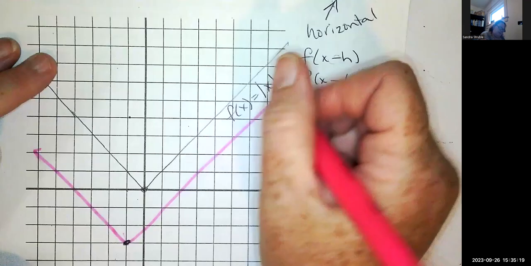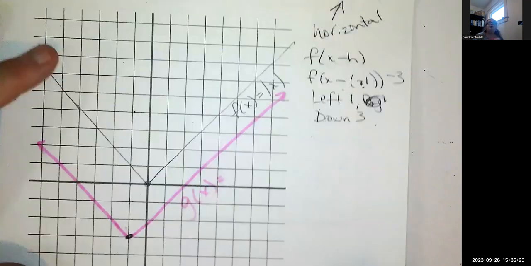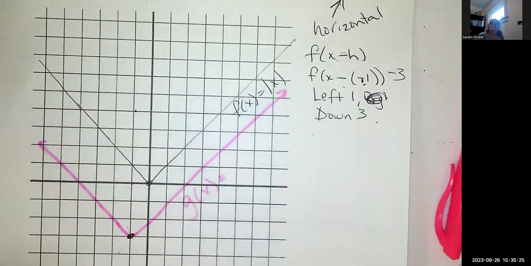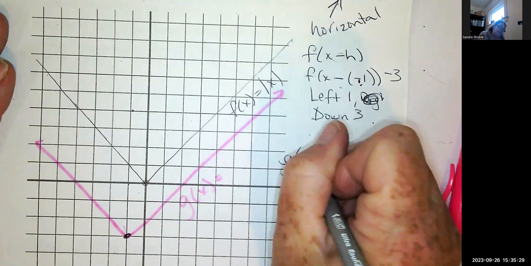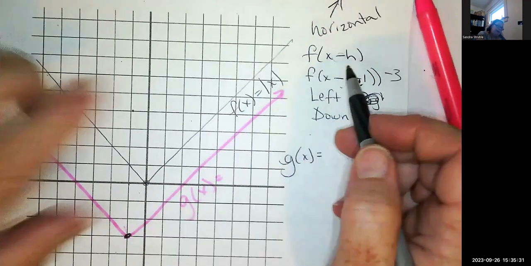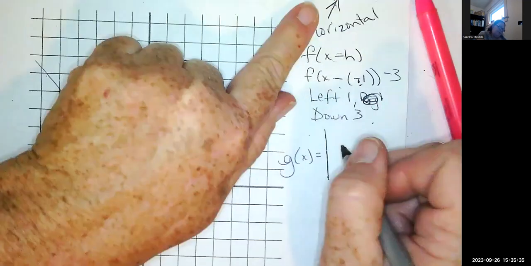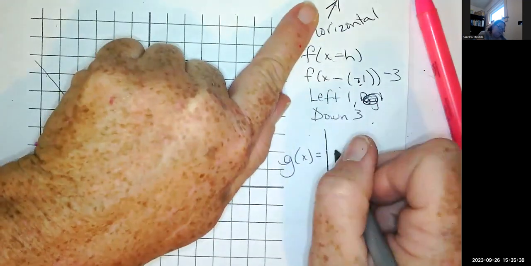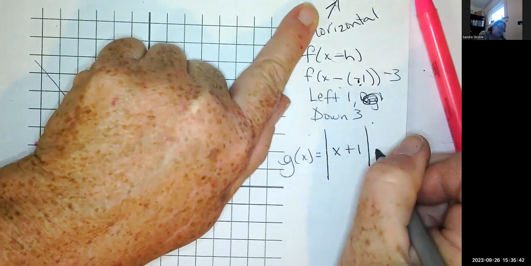Okay. And that is g of x is equal to. All right, well, what is that going to be equal to? So to put this in terms, g of x is going to be equal to f, well, f is an absolute value of x plus 1, so x plus 1, minus 3.